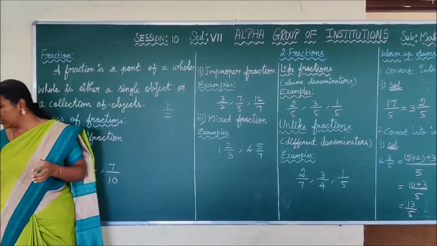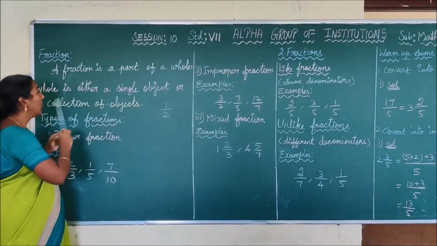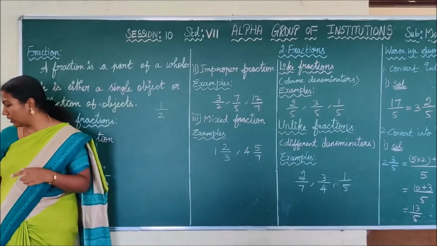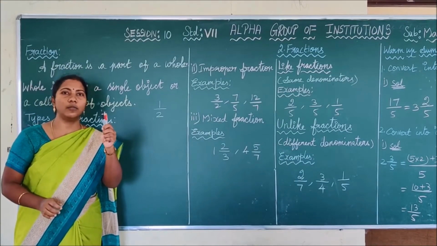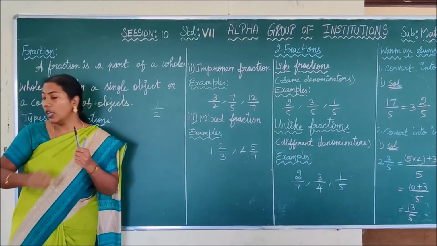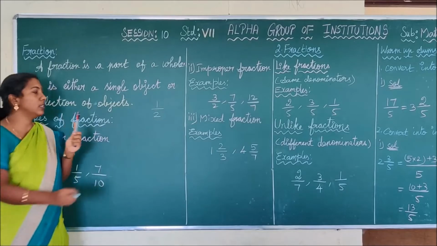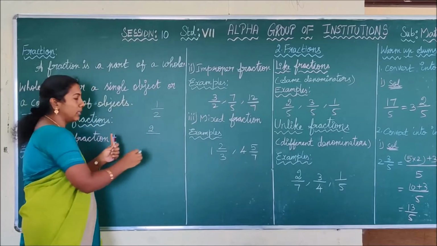Here also in the definition they gave, whole is either a single object or collection of objects. See here children, I have a collection of pens with me, that is 4 pens. Now I am going to select 2 pens from this collection. How can you write the selected pens? I have selected 2 pens among the 4 pens.